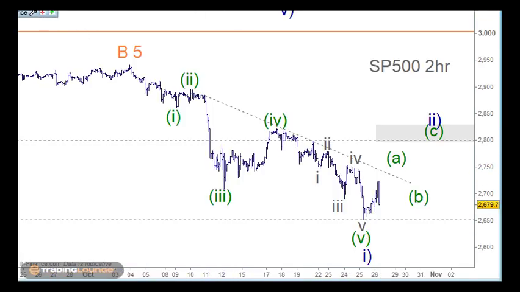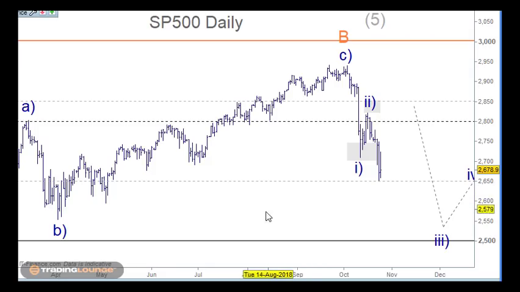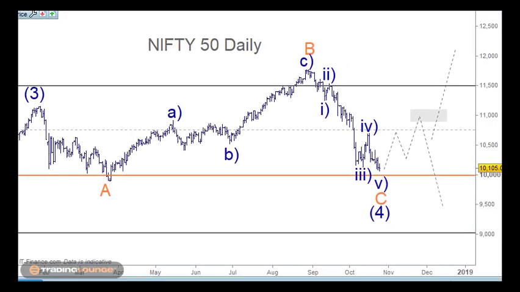I want to go back to the daily chart here for a moment. Other markets around the world are important as well. This move from the beginning of October, late September here, with this move down through here in Asia, for instance, the move started in August, late August, early September, so it's out a little bit.